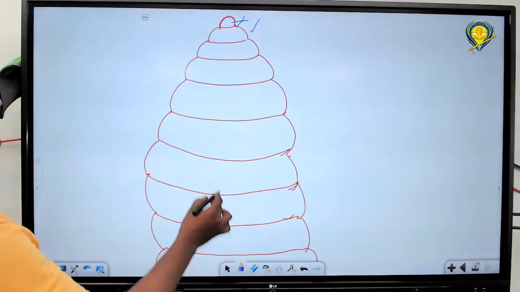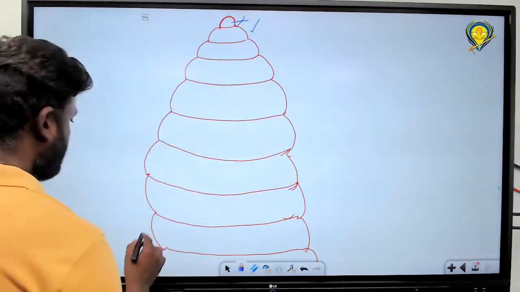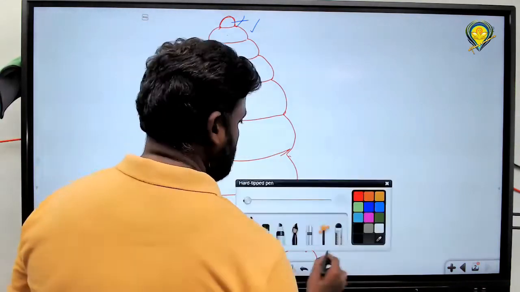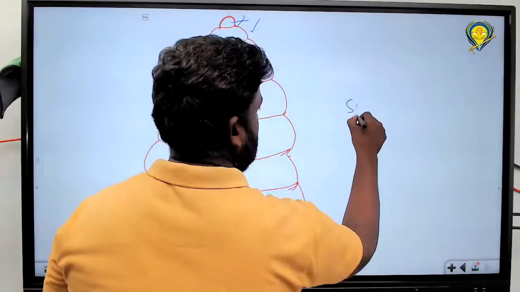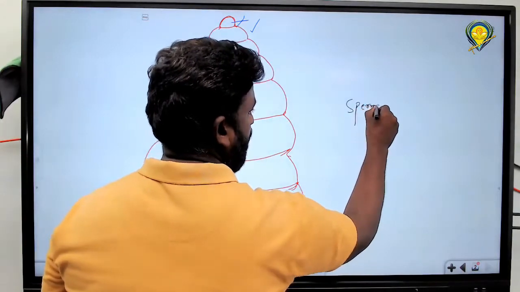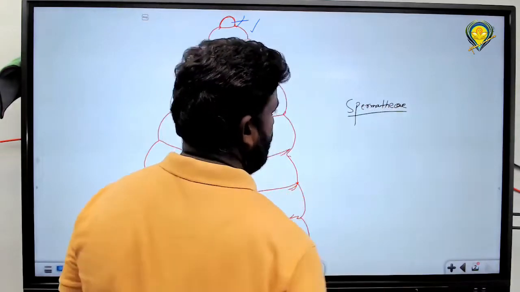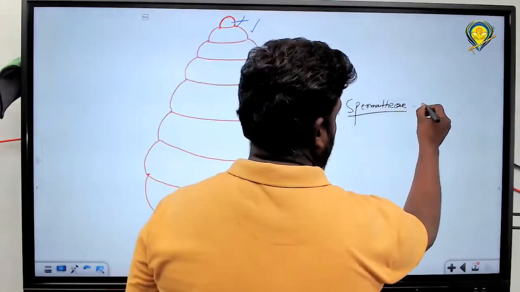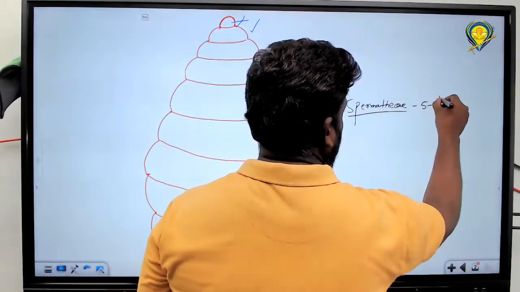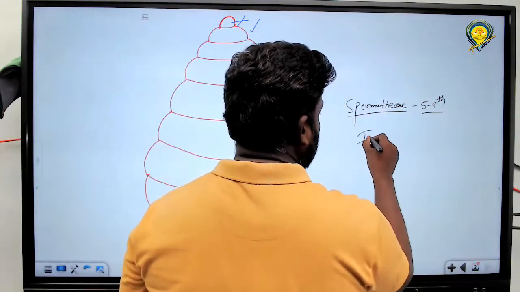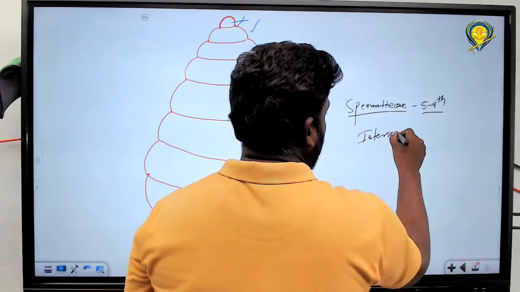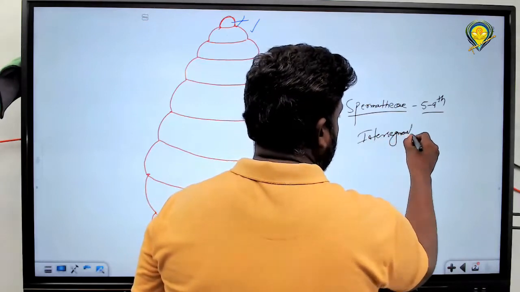It's a segment, right? So now the presence of spermatheca, right? What is the location? They're giving 5th to 9th. And is it intersegmental or just segmental? Intersegmental.